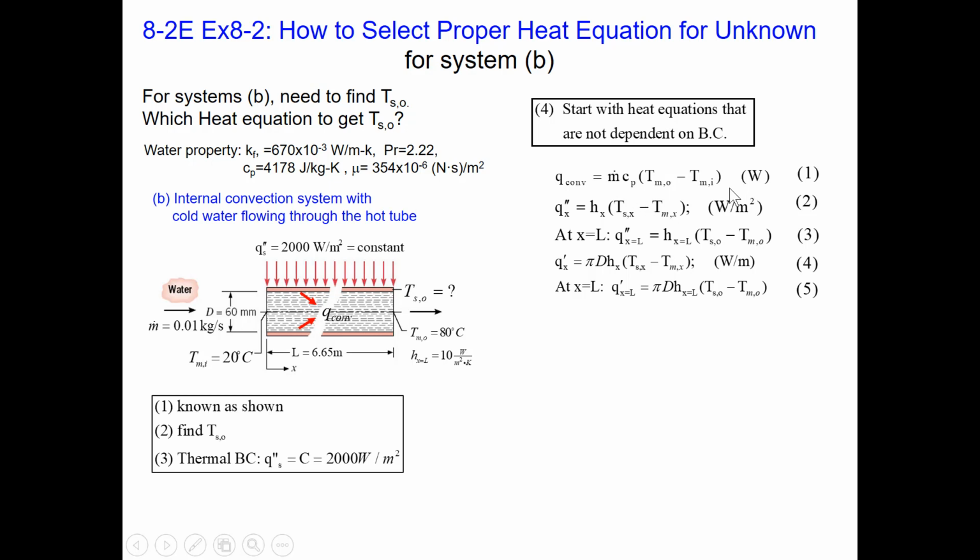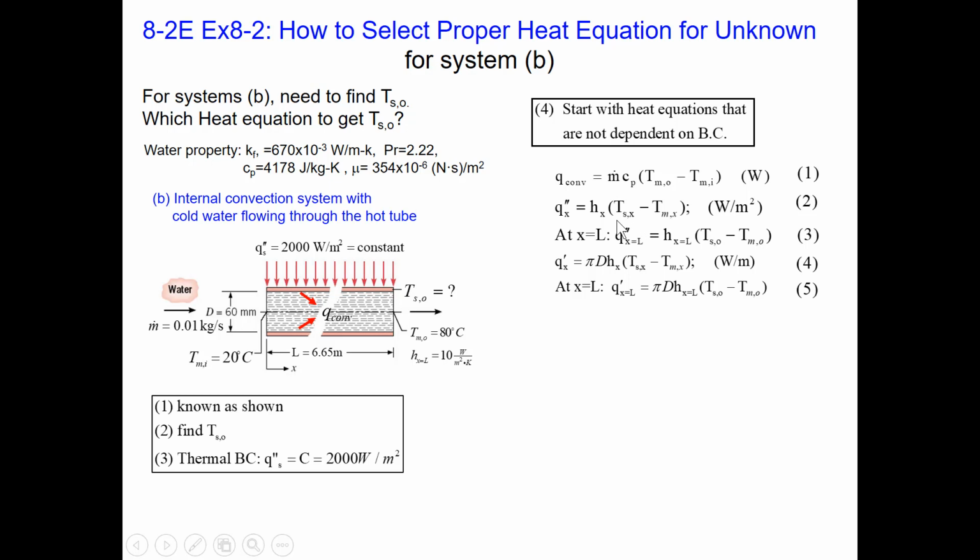We go through each equation to identify the unknown Ts,o. There's a Ts,o in equation 3 and a Ts,o in equation 5. Next, we check each equation including the unknown Ts,o.